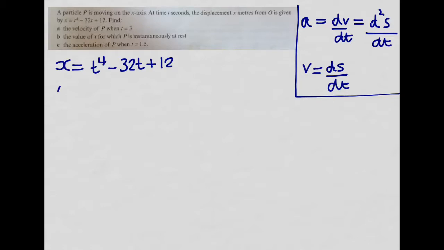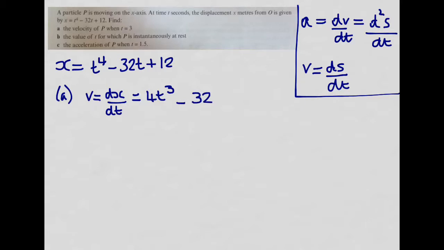So for part A, velocity is equal to dx by dt. Notice it is dx by dt because the function for displacement is x. So that would be 4t cubed subtract 32.